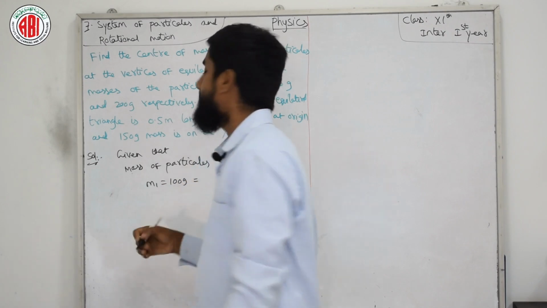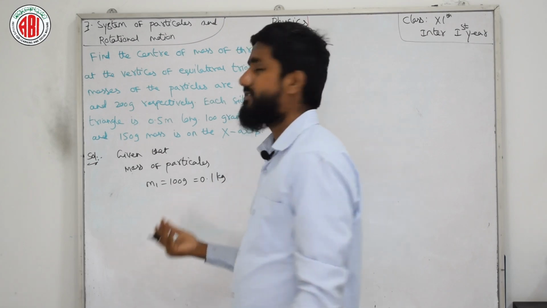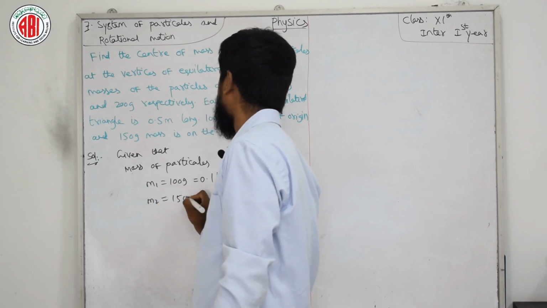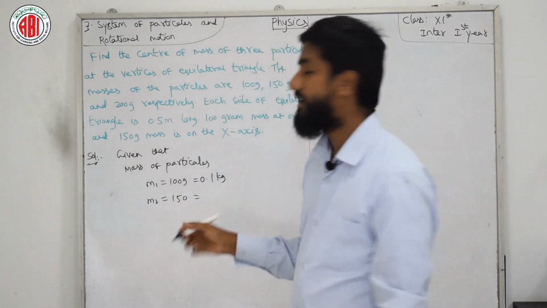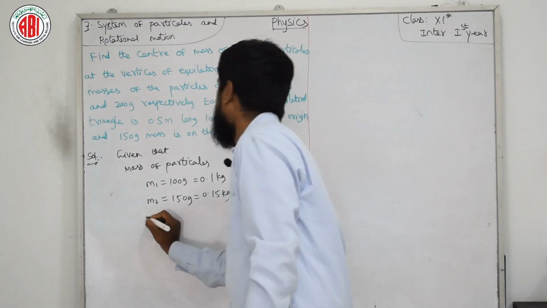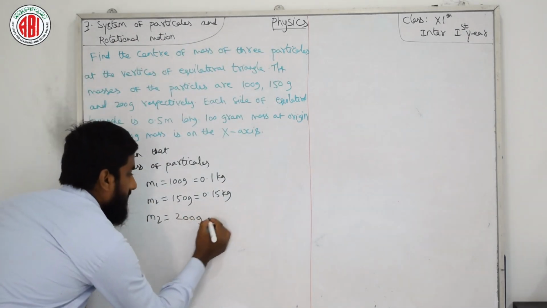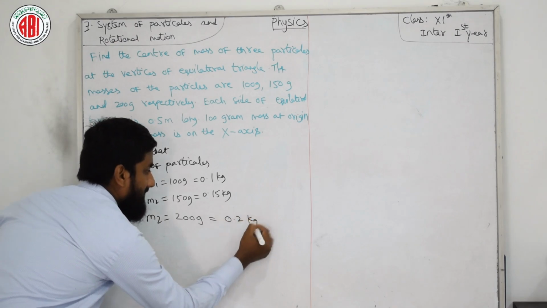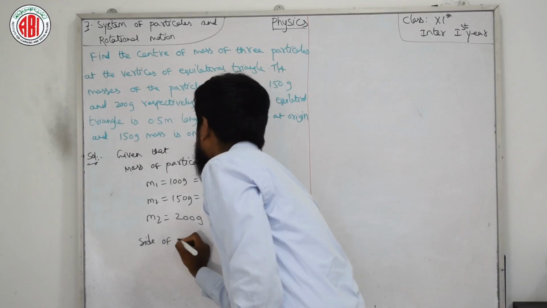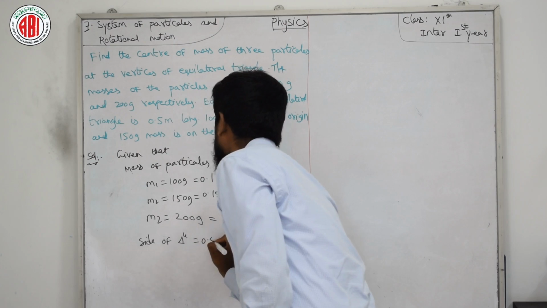If we convert this into kilograms, it will be 0.1 kg, and you have already come across this in your previous classes. M2 is 150 gram, and converting, it becomes 0.15 kg, grams converted into kg. And M3 we have 200 gram, which is equal to 0.2 kg, isn't it? Now the side of the equilateral triangle is given as 0.5 meters.